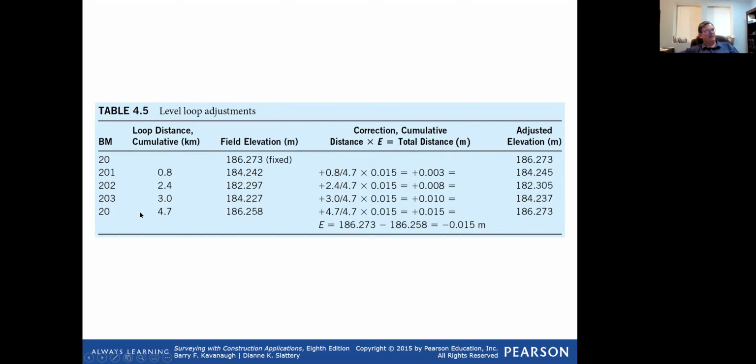See how they're using the 4.7 was the total distance. Here's the leg in between, and it's a cumulative correction. So the further you go, the more error you have until you get back to the starting point and you're balanced out. Then you put new elevations on it. So that would be something that you might do.